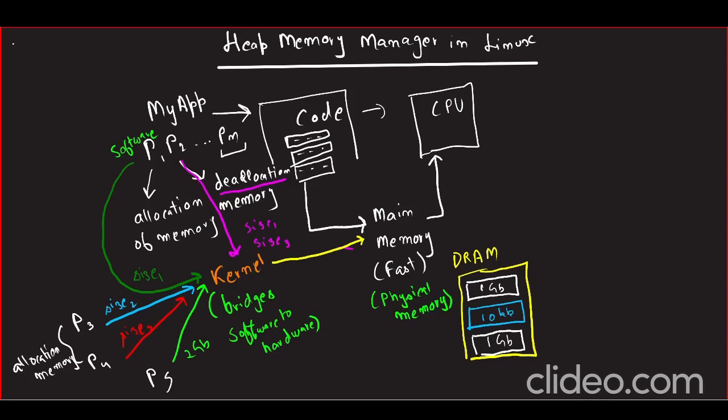So the kernel will go to memory and start traversing from here. Why here? Because this is the lowermost address, like 0x0, and this is the uppermost address, like 0xf and so on, right? So it will start traversing from the bottom to up and say, okay, I got 1 GB, that's good.